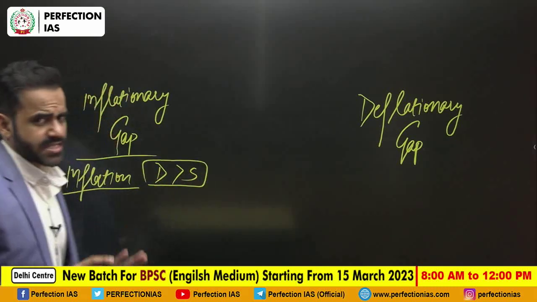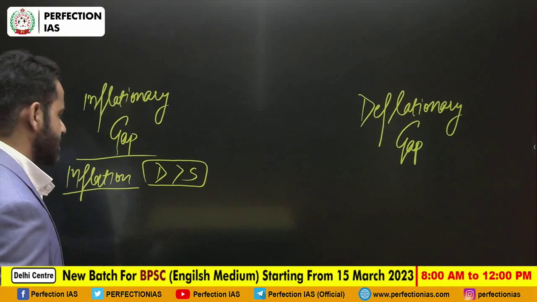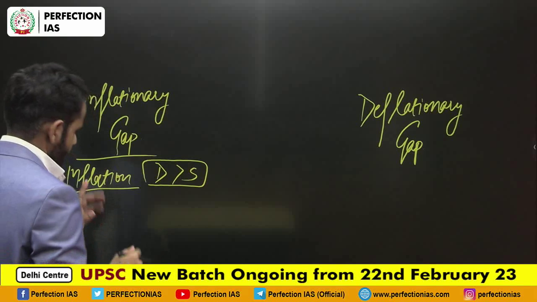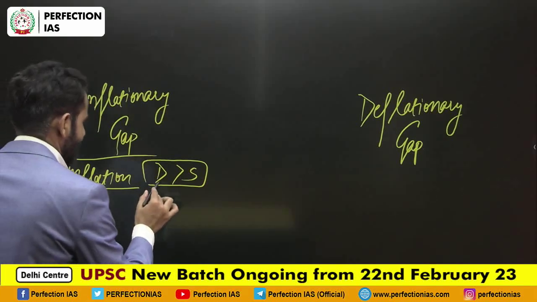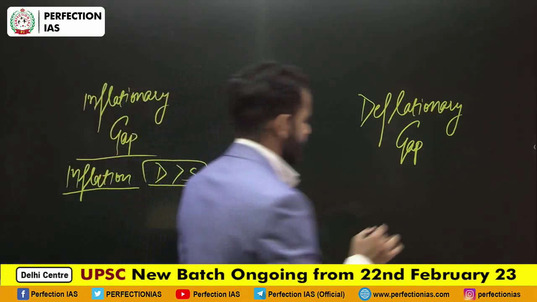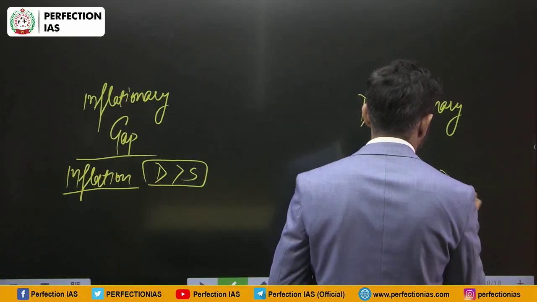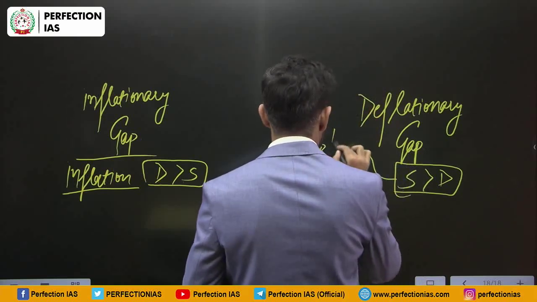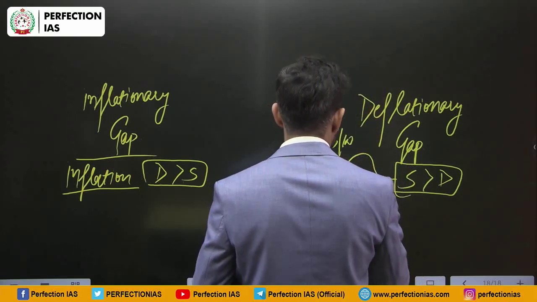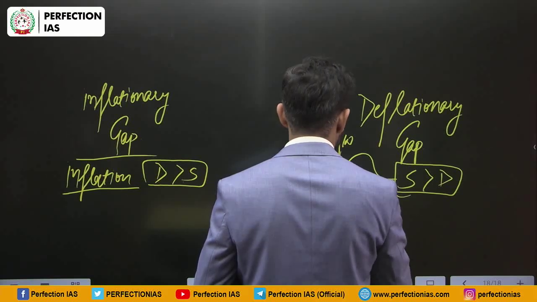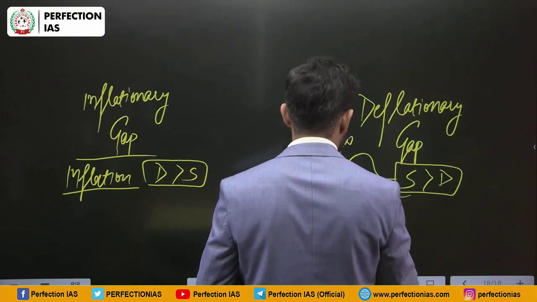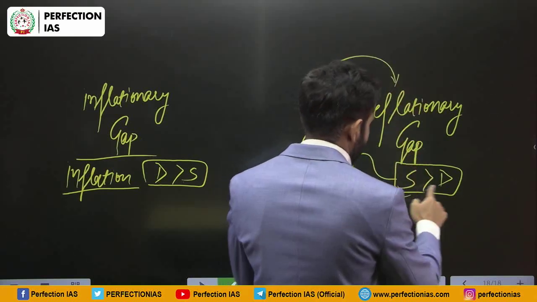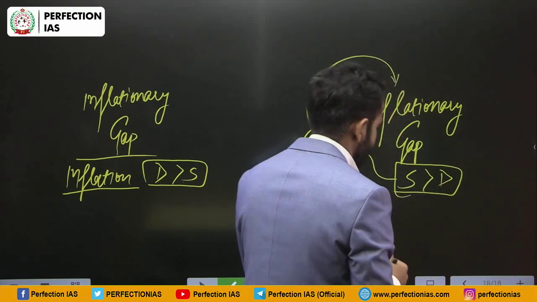Of course, there are exceptional situations where even though demand is lower, the price can still be higher, but we are talking about general circumstances. So, D is greater than S. In the other case, S, that is supply, is greater than demand. The gap between demand and supply here is known as the deflationary gap. That means supply is higher than demand.